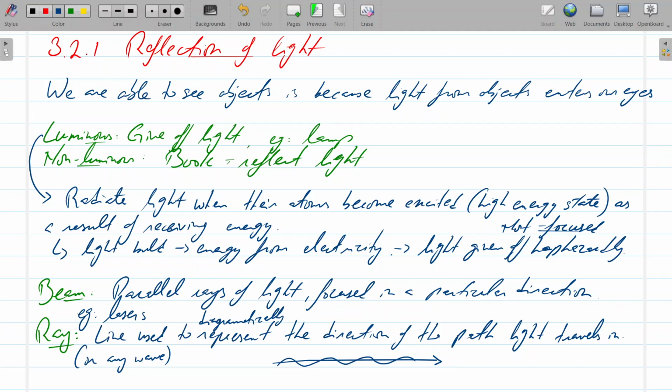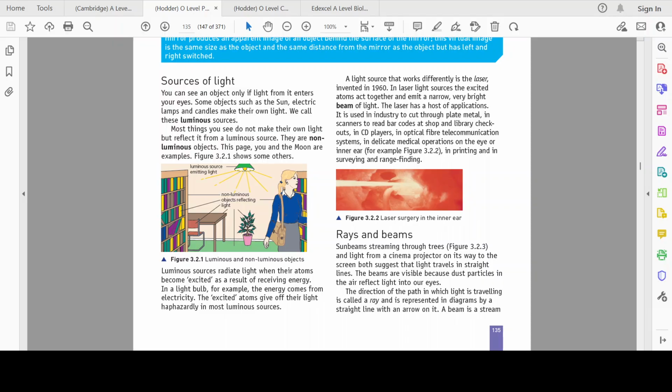And for a beam, if I show you the book, there are two pictures, not diagrams. This is a laser, which is also a beam, and it's being used for surgery. The light you see here is a beam.